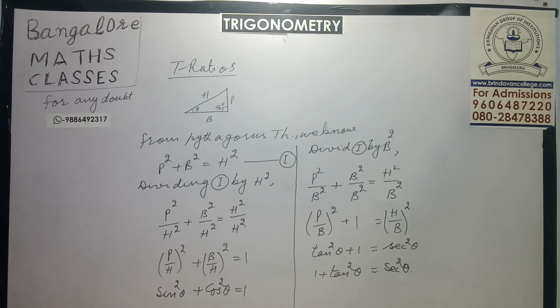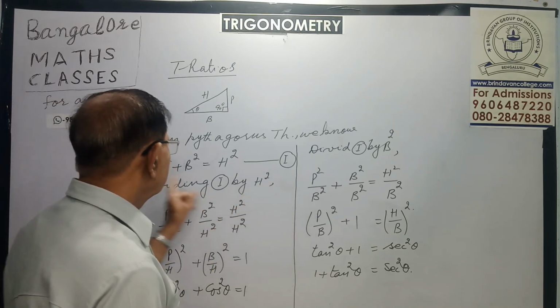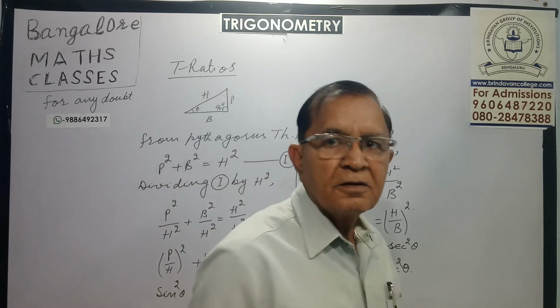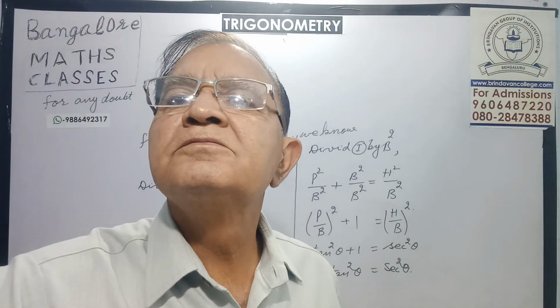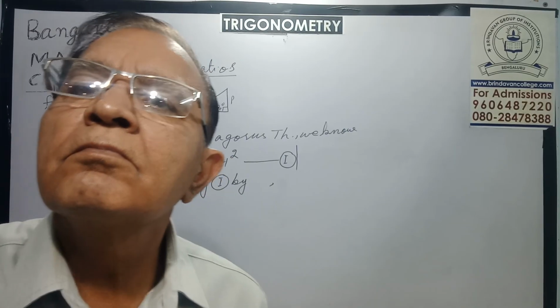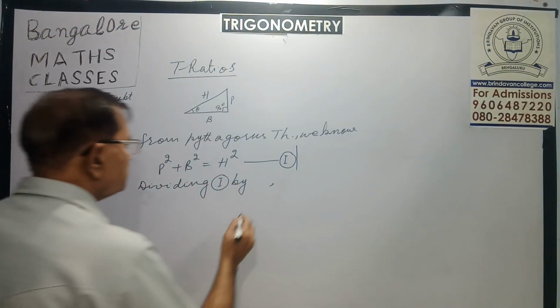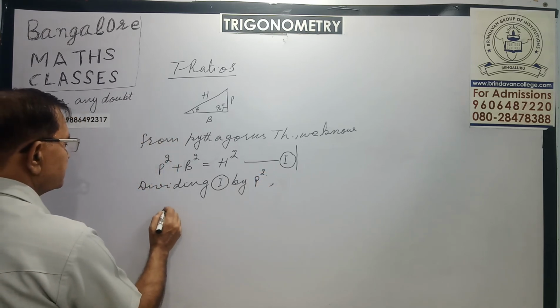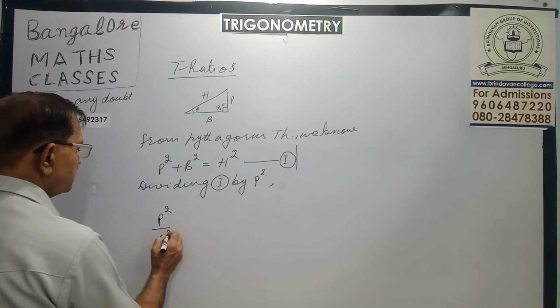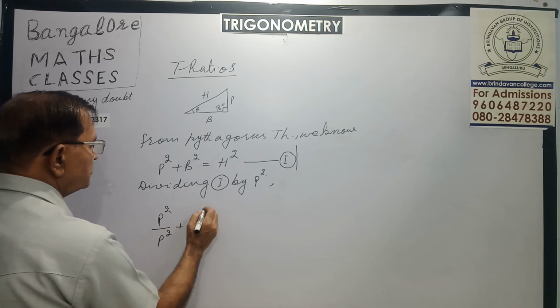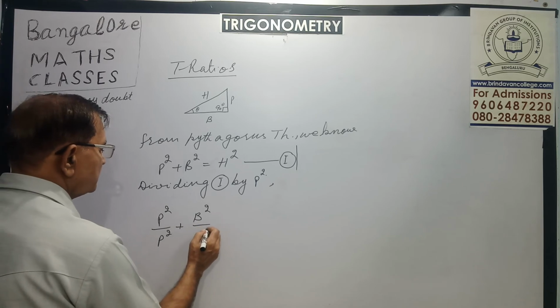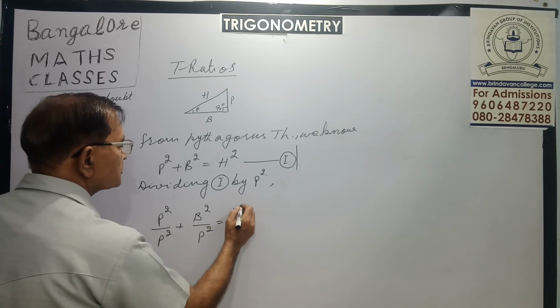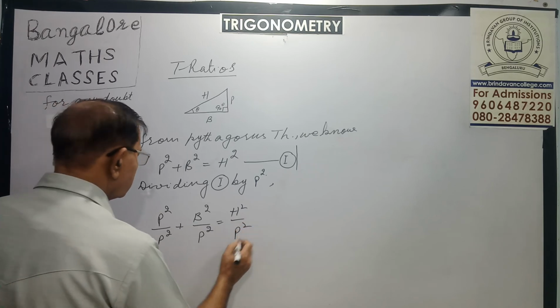We have already divided by H and B. Now divide by P. Dividing 1 by P square: P square by P square, B square by P square, H square by P square.